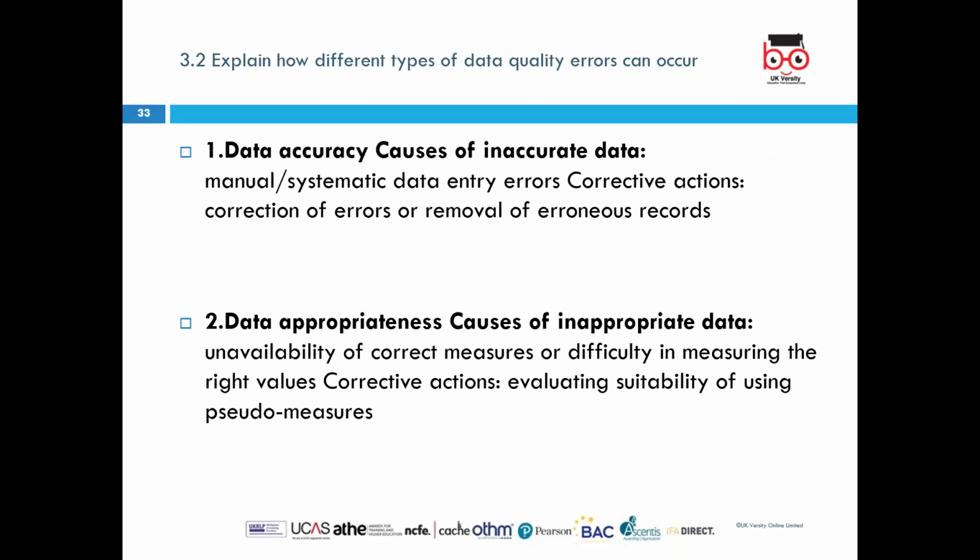When it comes to data accuracy, it causes inaccurate data, where manual or systematic data entry errors require a corrective action, where we have to correct the errors or remove the erroneous records.